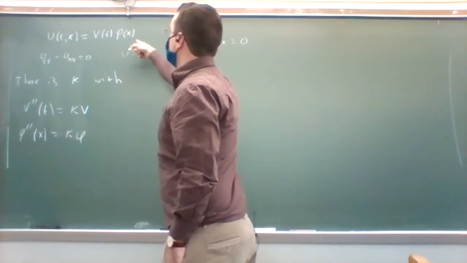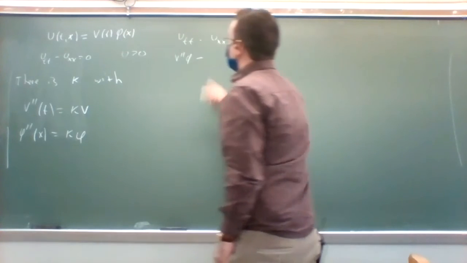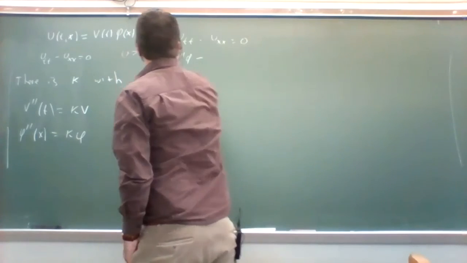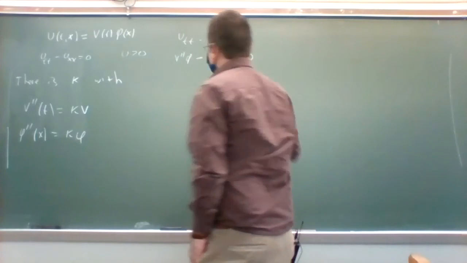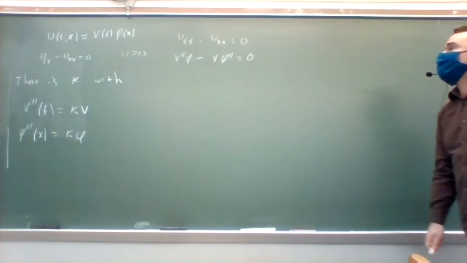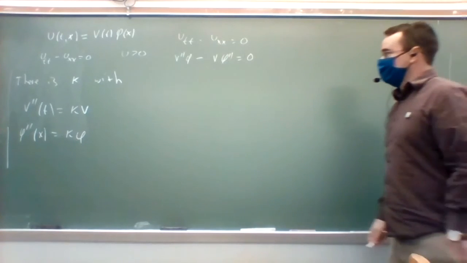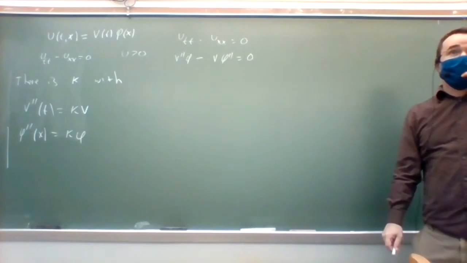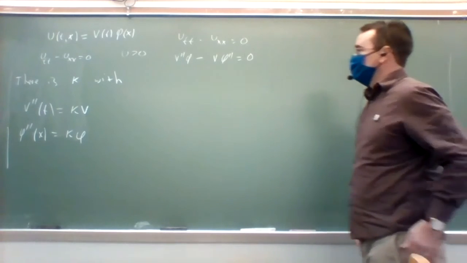The partial derivatives hold x constant, so I end up with v double prime times phi minus, and now the partial with respect to x will hold v constant and give me v times phi double prime equals 0. The reason why you like this setup is that you're heading towards turning this into a couple of ODEs, which is going to allow us to use that knowledge to then find some of these solutions.